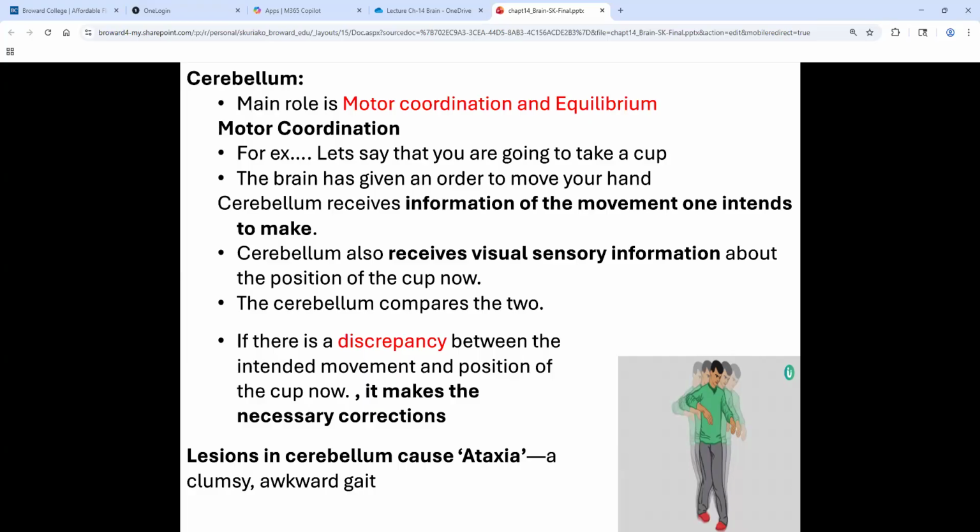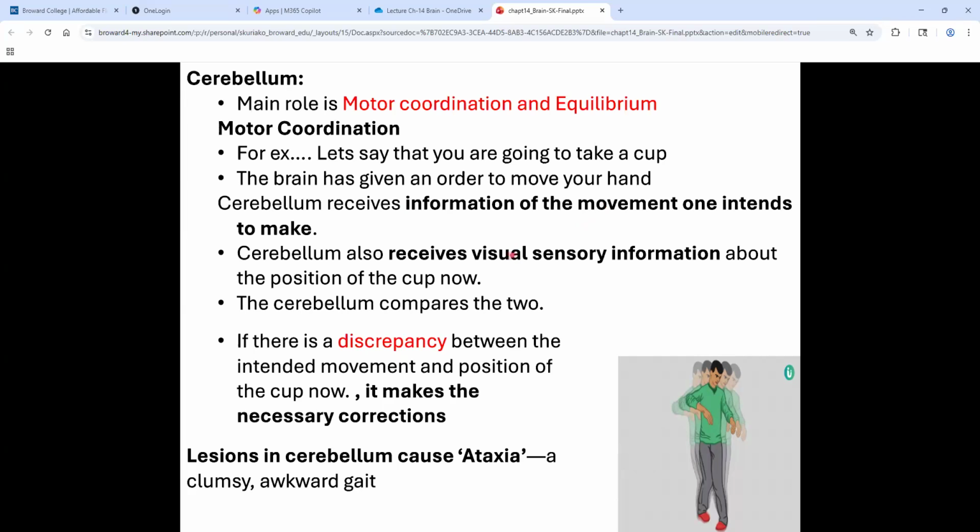So now the cerebellum makes that adjustment. It modifies the signal and makes your hand move further to grab the phone. That is what the cerebellum does. Okay, so that is called motor coordination. So the cerebellum receives the information one intends to make.